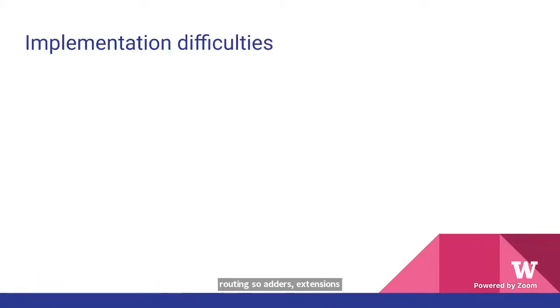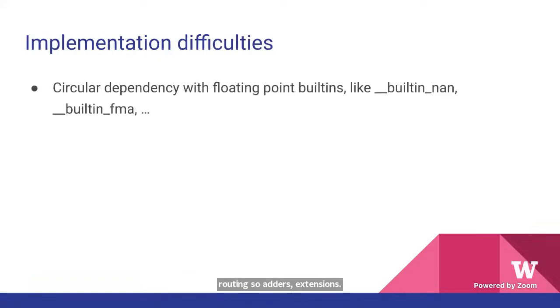There are many difficulties, of course, in implementing. Our libc is built from the ground up, and there are a lot of building modes where we assume that there's no other libc, so there are problems with circular dependency with the compiler builtins, because in some of the building modes those floating point builtins actually make calls back to the C library.